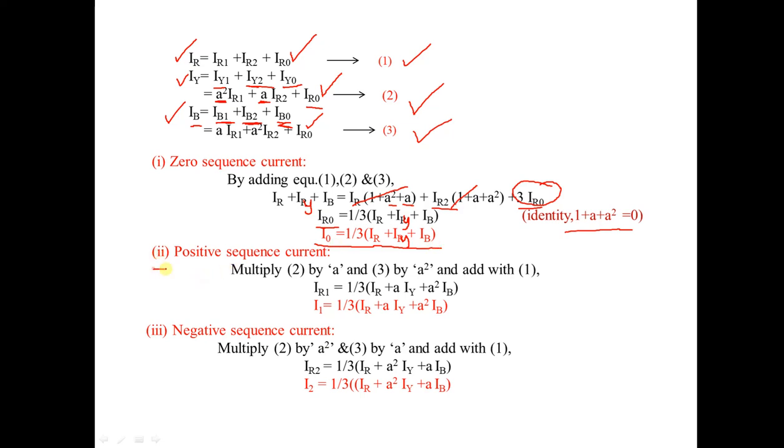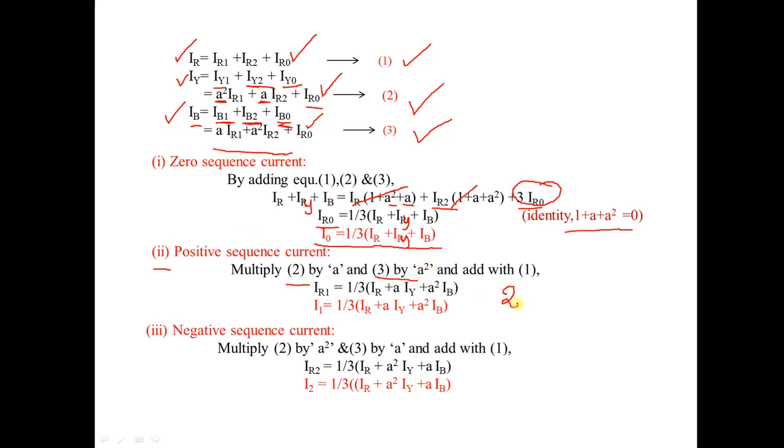Next is the positive sequence. We multiply the second equation by A, the third equation by A square, and add the first equation.